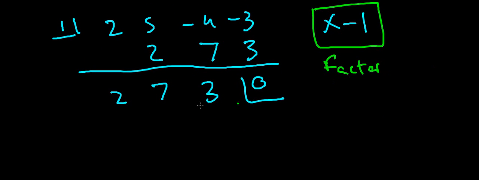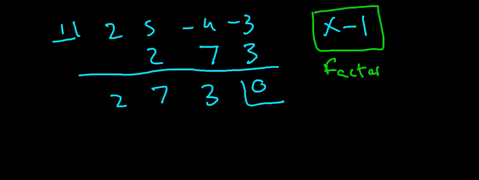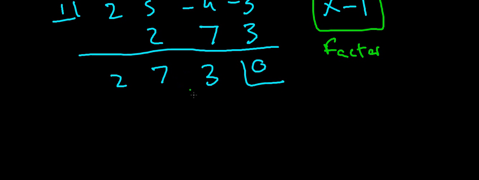And not only that, we've already divided out. When we divide this equation by x minus 1, we've already done all the work, so we don't have to do that again. This is the constant, this is x squared. So here's our original function.